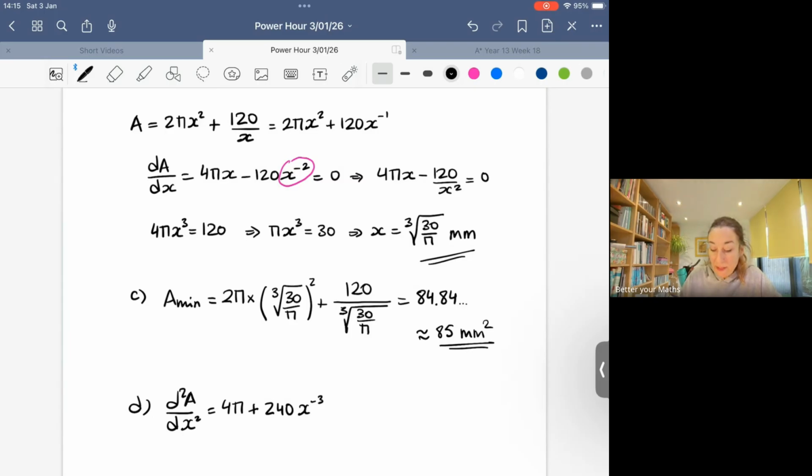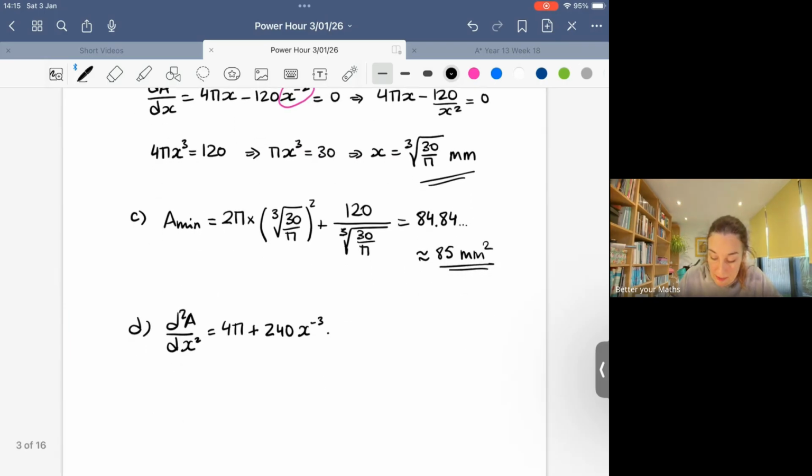Yeah. This, when I substitute the x by the value, the cube root, is going to be positive. In fact, every time I substitute any positive value, this is all going to be positive. Yeah, so I don't even care too much about the value. This is going to be positive, therefore it's a minimum. Yeah.